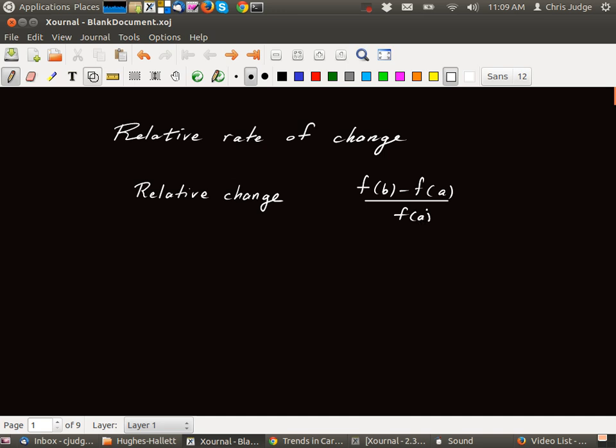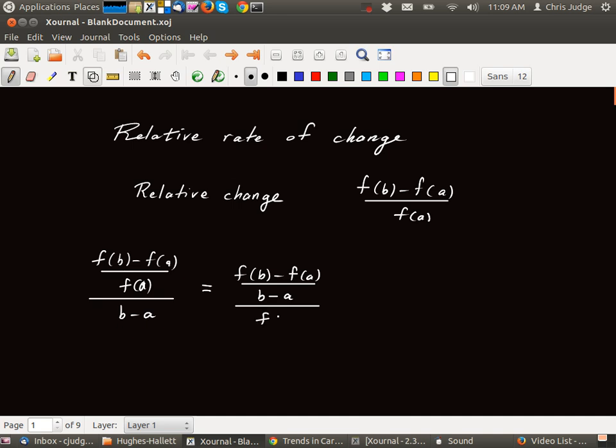Now we'd like to do this instantaneously, so we'd like to average this over a very small interval. In particular, what we'll do is divide that by b minus a. Notice that if we do some algebra, this is really the same as f of b minus f of a divided by b minus a, divided by f of a, which looks kind of strange, but bear with me.